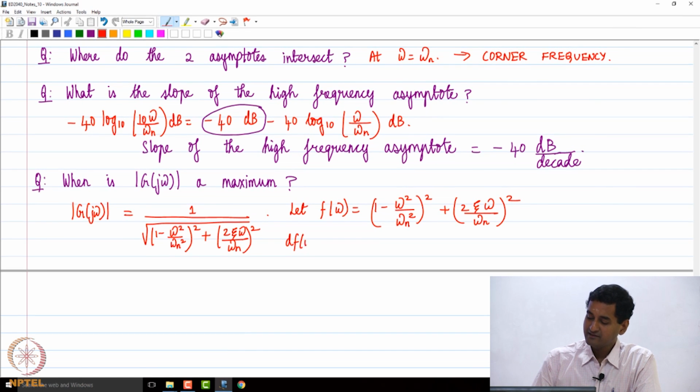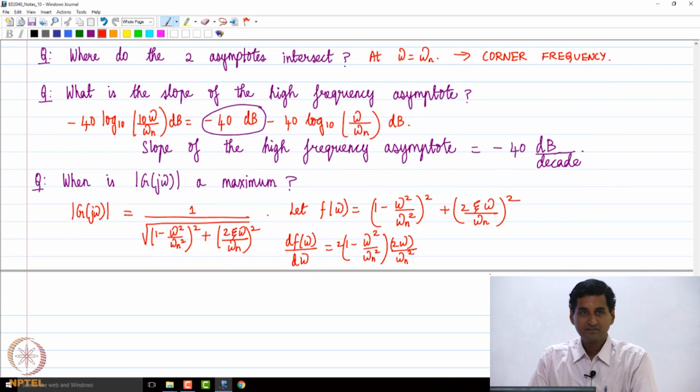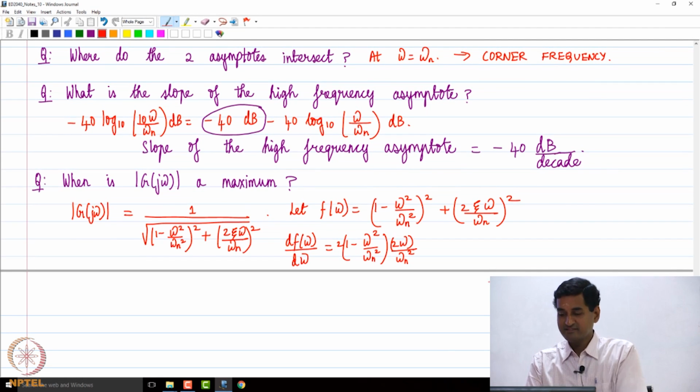Now, if we take the first derivative of f(ω) with respect to ω, what do we get? We get 2 times (1 minus ω squared by ωn squared) times 2ω divided by ωn squared. Then I have a minus sign, because when I take the derivative of the term within the square, I will get a minus sign.